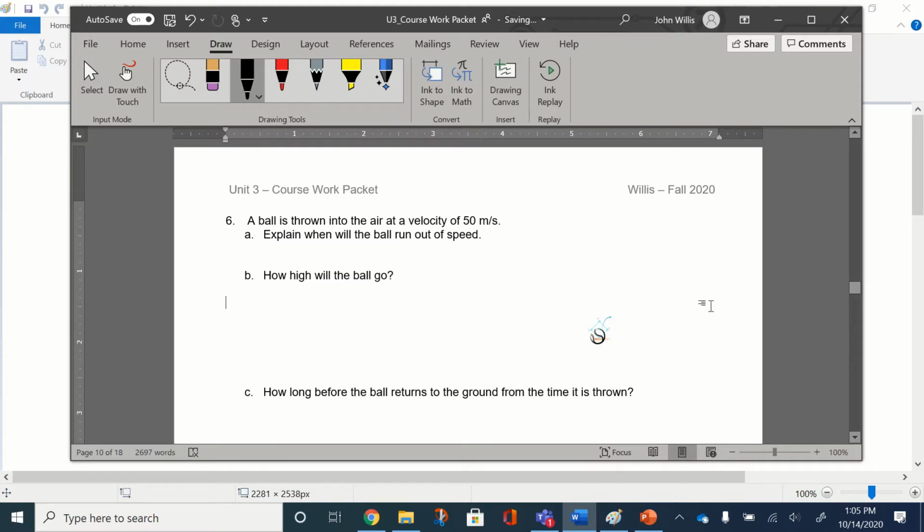So if you wanted to, you could do a really quick Google search of every single person throwing something up into the air, or you yourself could sit at home, take your pencil, take your pen, take a tennis ball, racquetball, whatever it is you've got, toss it up into the air, and you're going to notice that the exact same thing happens every single time. You give it some initial speed, and as it leaves your hand, it doesn't gain any additional speed, more so than what you had given it.